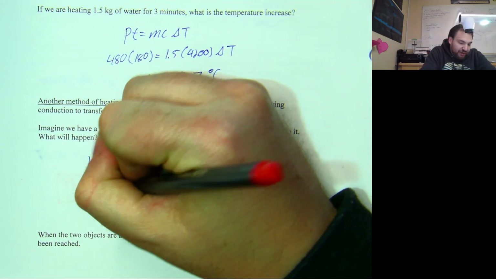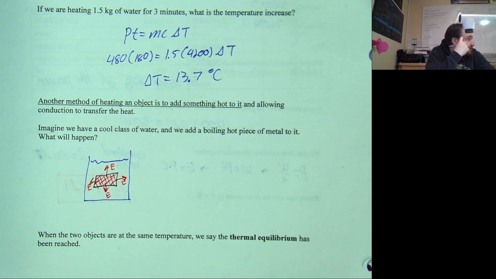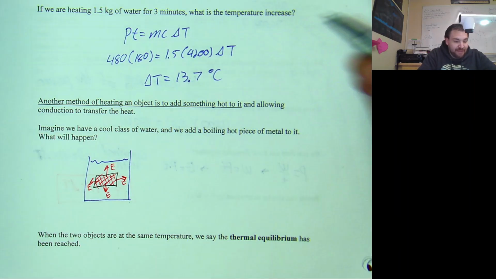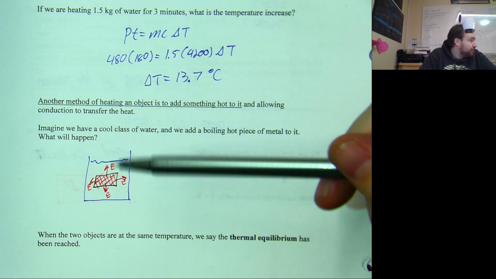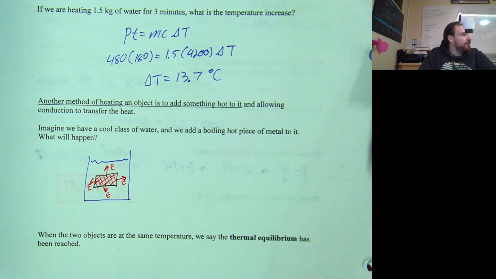You say it's initially going to boil. Well, you might have some steam produced at the beginning. Is the whole thing going to boil? We don't know. But you said at the end you're going to have something where the metal and the water are at the same temperature. Water's going to get warmer.